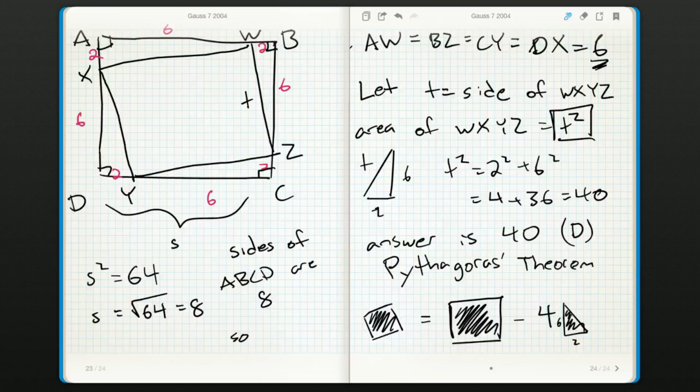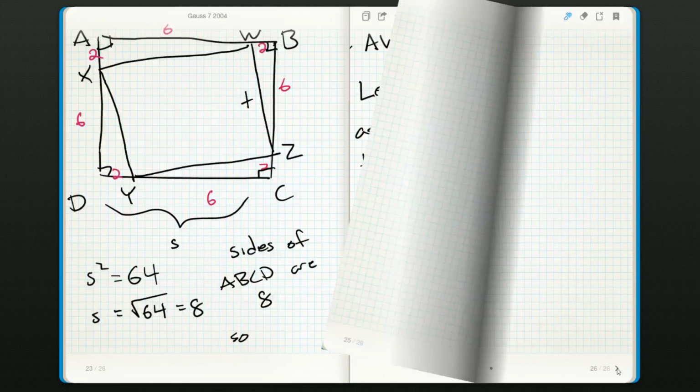The 6 and the 2, that's the base and the height. That's enough information to work out the area of these triangles. And we know the area of the big square. It's 64. So 64 minus 4 times the area of these triangles. Area of the triangle formula is definitely something you know. So we subtract the triangles off, we sort of cut them away, and we're left with the area of WXYZ that we want. That's another way to do the question, and let's work it out.